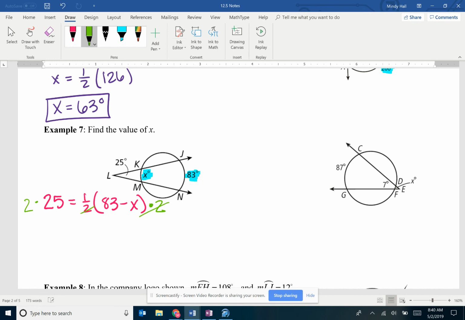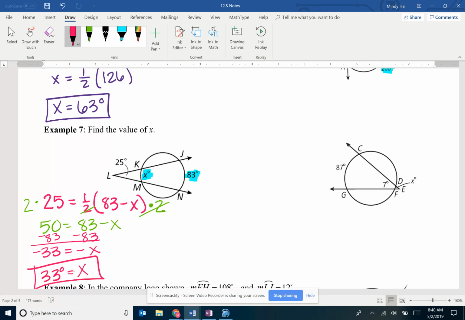So then you have 50 equals 83 minus x. Then I would subtract 83, which gives you negative 33 equals negative x, and then divide by -1 to get x equals 33 degrees. And if you want to check it, you just plug it back in, do 83 minus 33, which gives you 50 degrees, and 50 divided by 2 gives you that 25. So we are good to go.